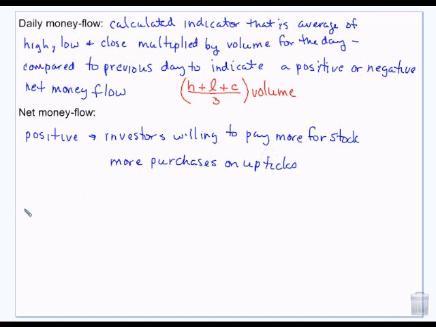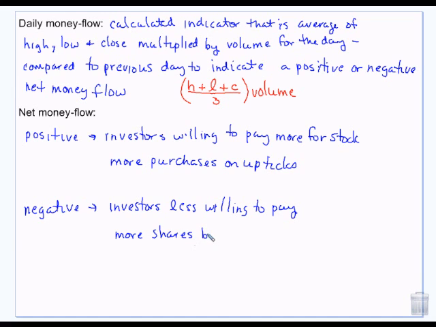And if it's negative, investors are less willing to pay for the stock, which means that more shares are bought on the downtick. And that's a negative money flow.